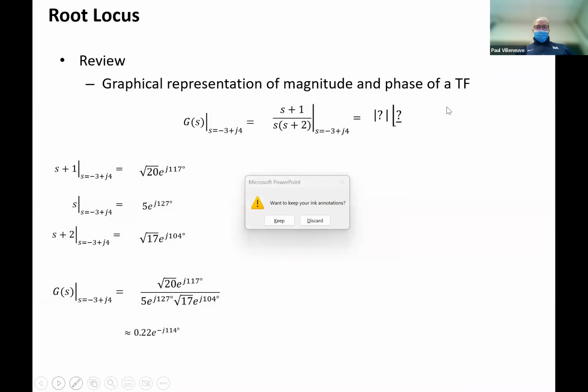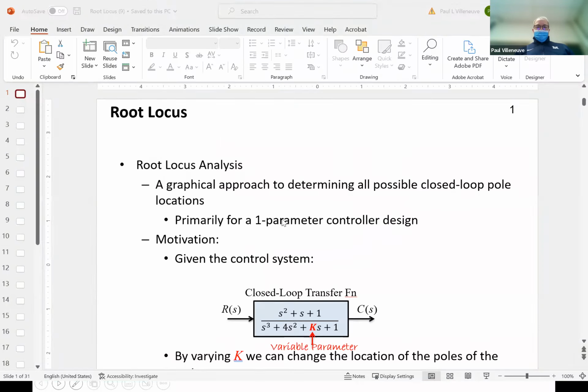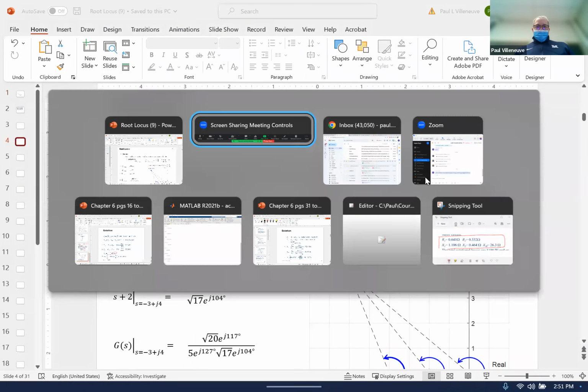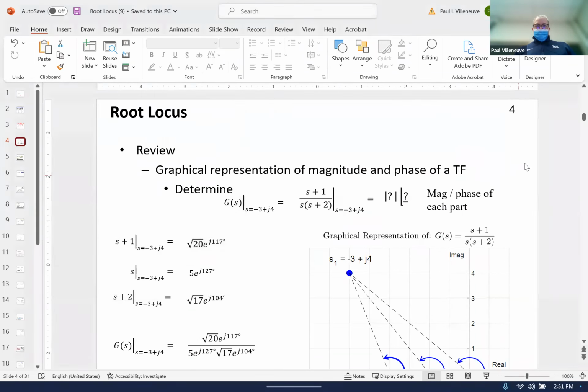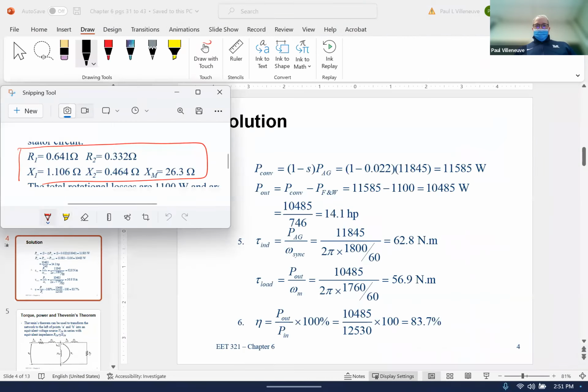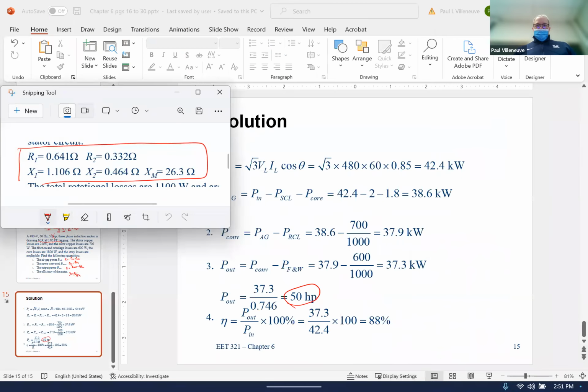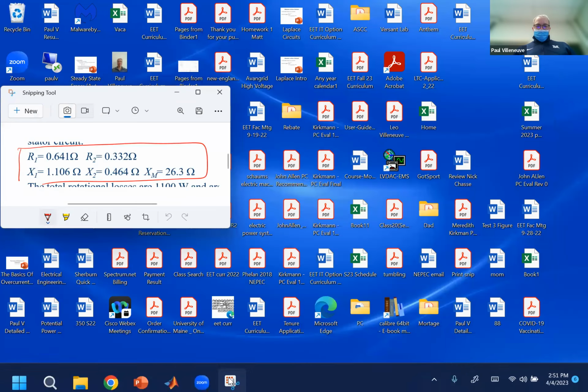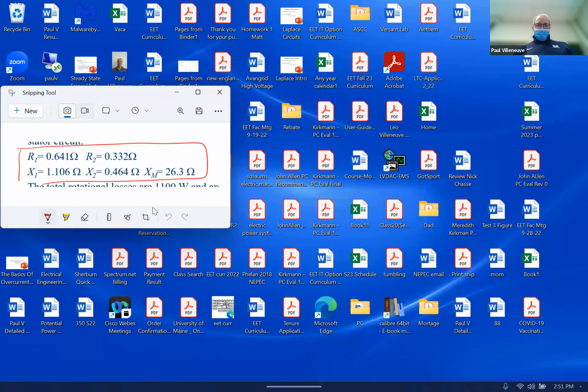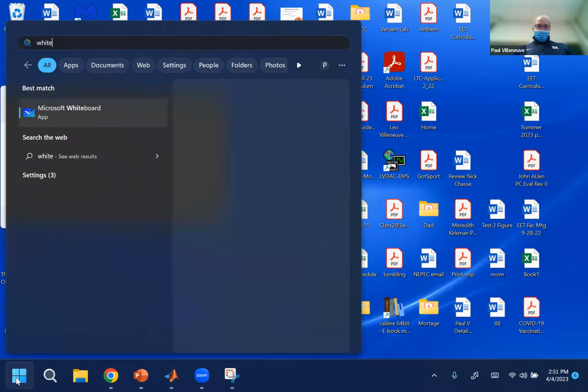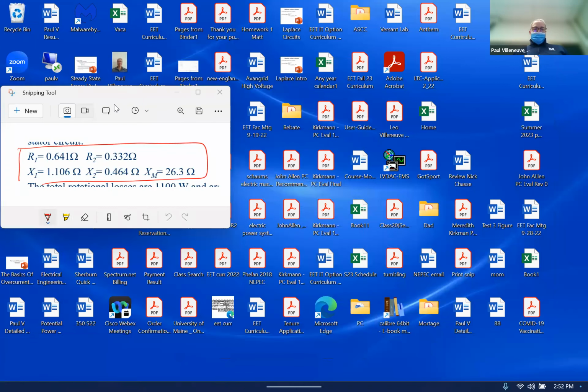Okay, please bear with me while I try to troubleshoot. See if I can minimize that. What happened to whiteboard? Whiteboard just crashed. Let me see if I can bring it up. Sorry about this. The whiteboard just completely crashed.